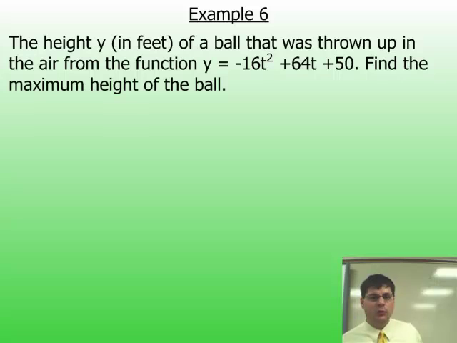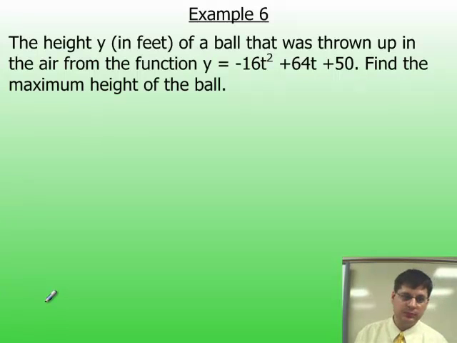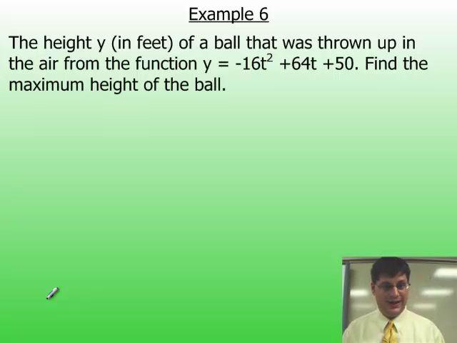Let's do one application problem. In this example, we have the height, y, measured in feet, of a ball that was thrown up in the air, matches the function y equals negative 16t squared plus 64t plus 50, where t is time, measured in seconds. Find the maximum height of the ball. So we want to find the vertex of this.